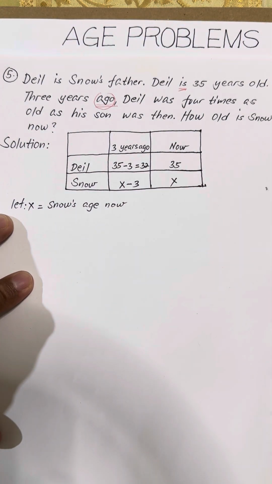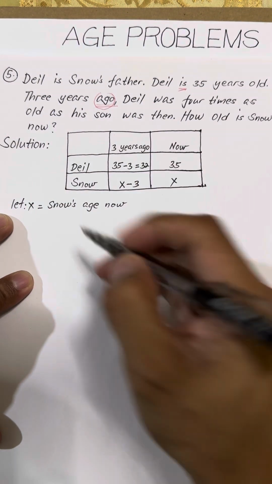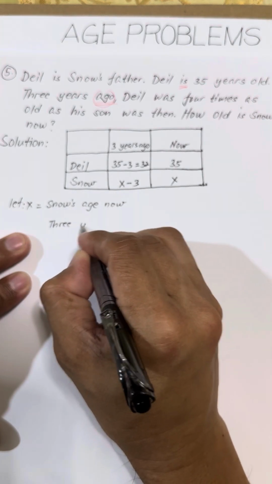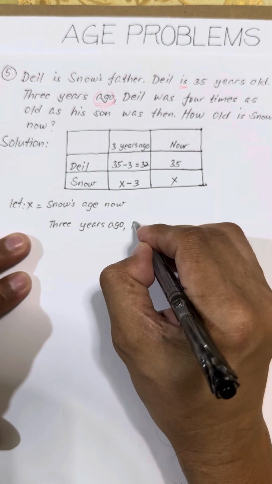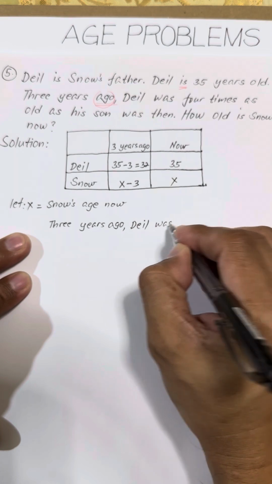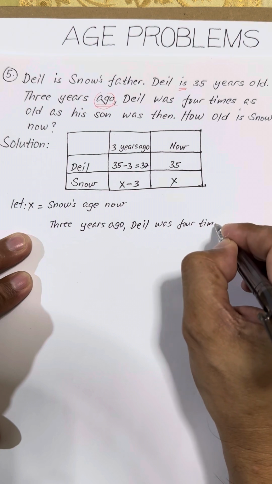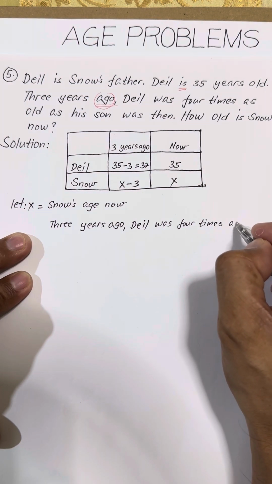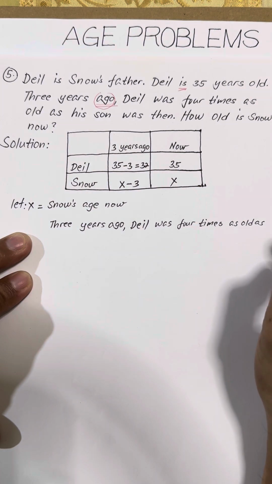We have a statement here: 3 years ago, Dale was 4 times as old as his son.